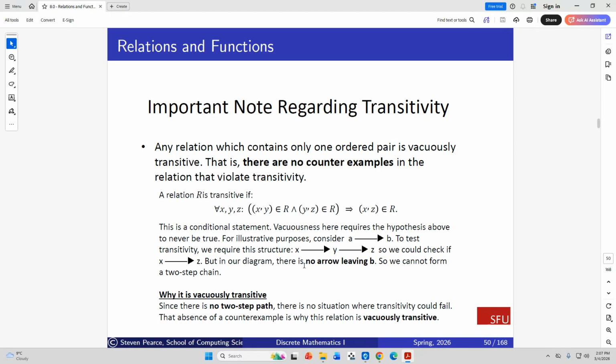Well, this is always false if we consider A to B by themselves. So any relation which contains only one ordered pair is vacuously transitive. So here it is, A to B. We need X to Y and Y to Z, but there is nothing coming out of B. We can't form the two-step chain, so we can't disprove transitivity, so it's vacuously transitive. I hope I made that clear.